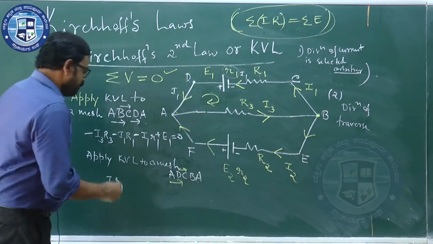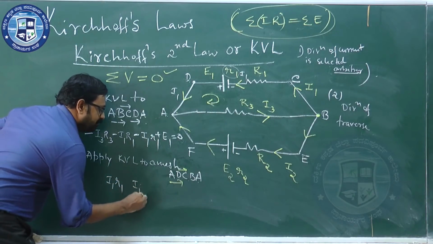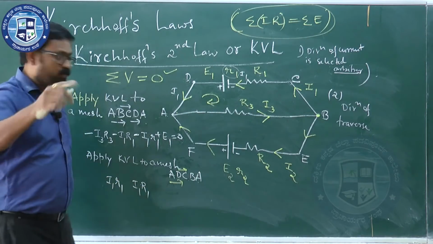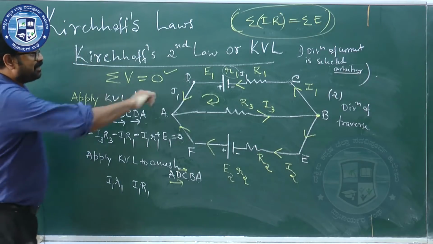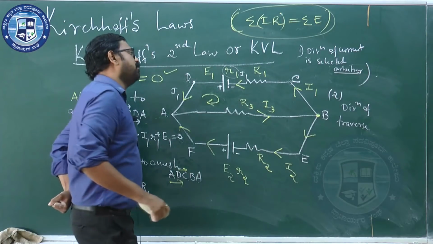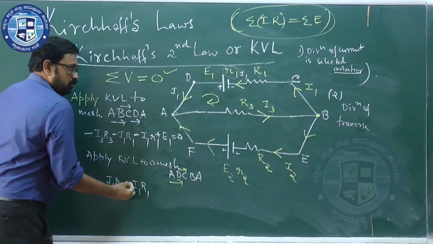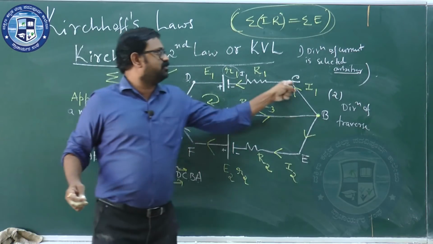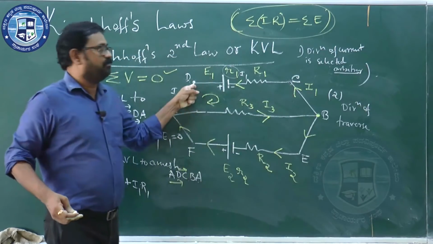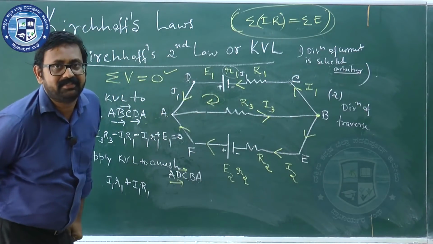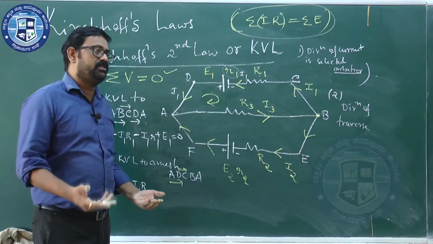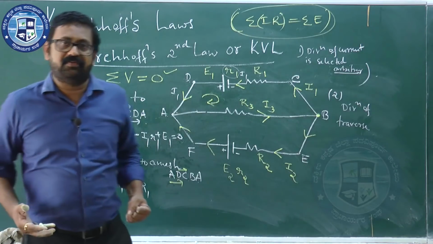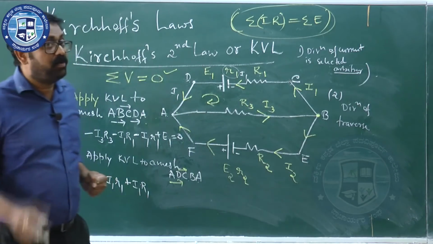I1 into capital R1. Plus or minus? Yeah, it is plus, because direction of a traverse is from D to C, but the current in the branch is from C to D. So when the direction of a current in the branch is opposite to direction of a traverse, product of IR is taken as positive.